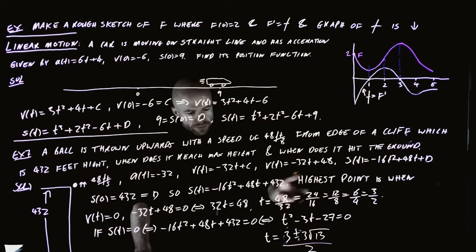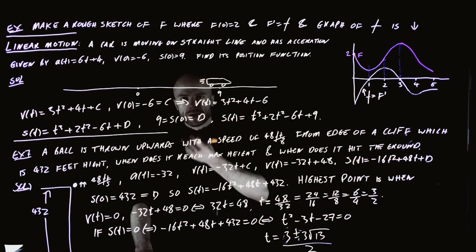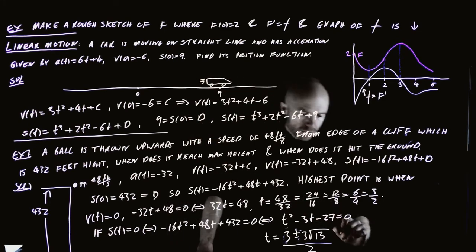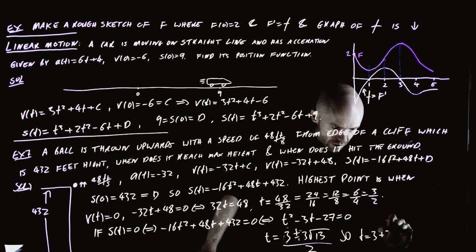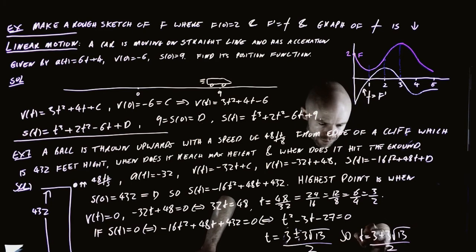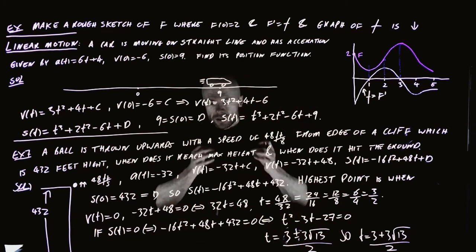Now, when we have 3 minus 3 root 13 over 2, we have a negative t, which is meaningless. We have time going forward. So the actual answer is t is equal to 3 plus 3 root 13 over 2. And that is the instant it hits the ground.